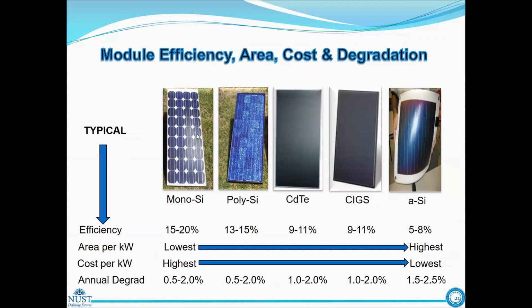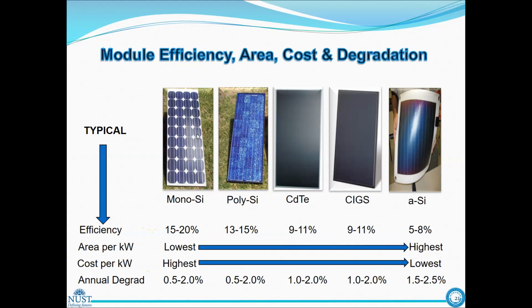So we just have to multiply it with the peak sun hours. For example, if we have 5 hours of peak sun during a day, then we will multiply it with the wattage or rated wattage of the photovoltaic modules to get that value.